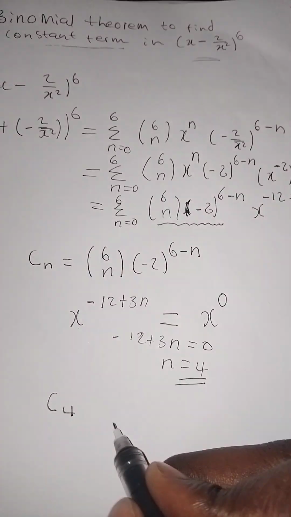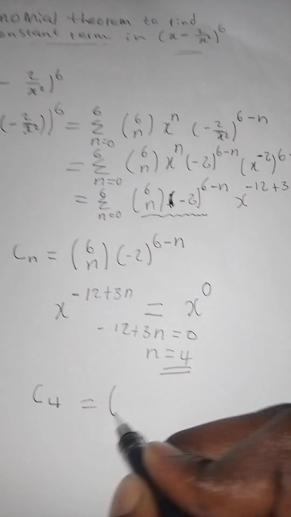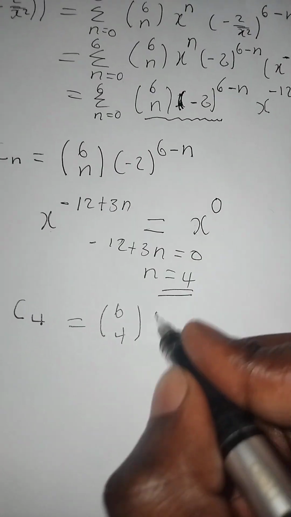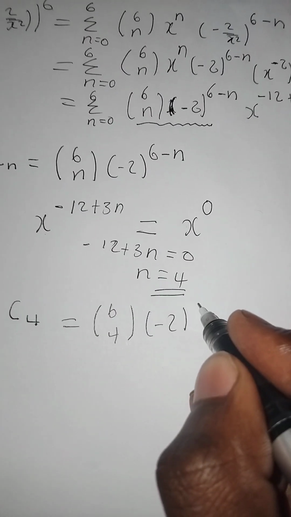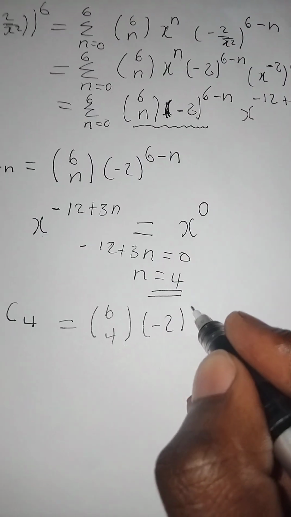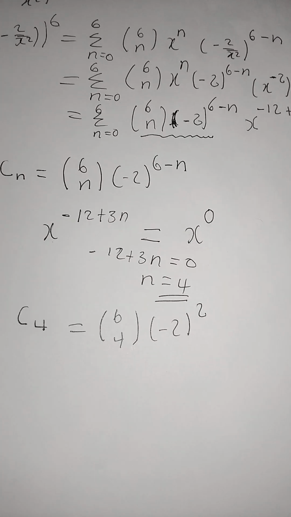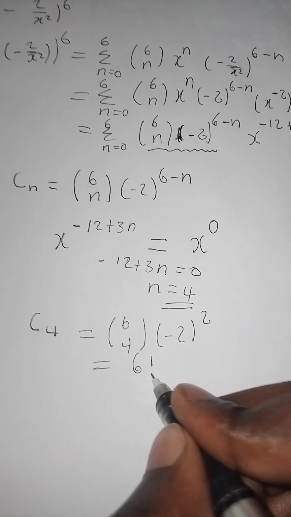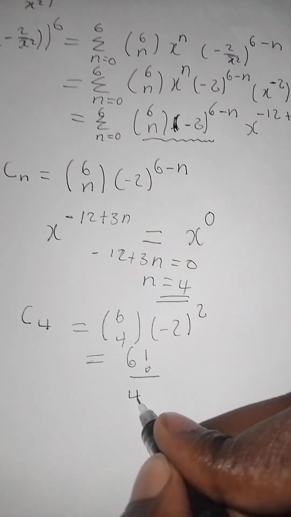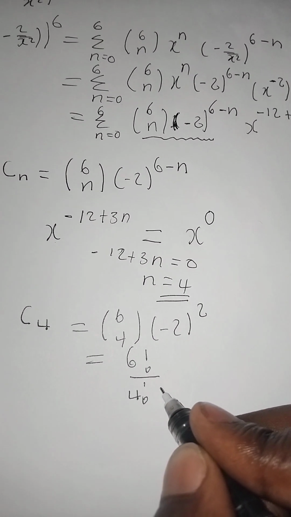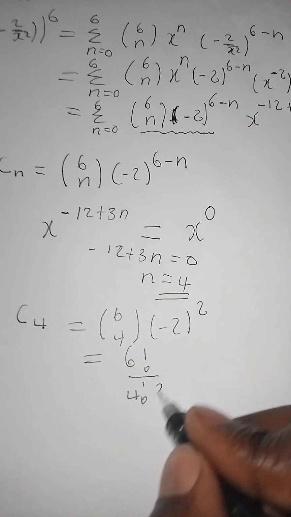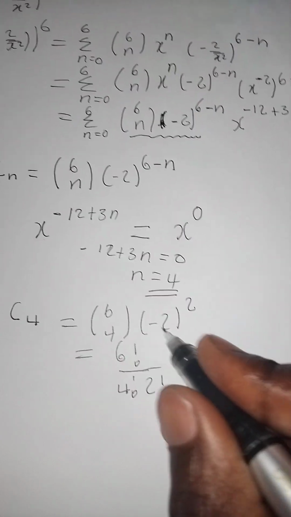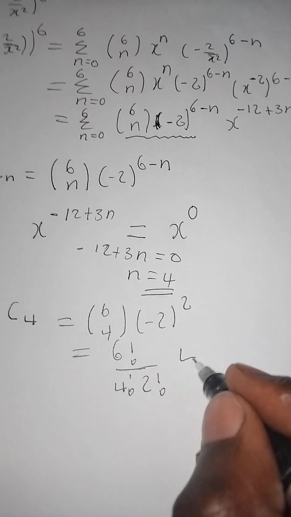So C of 4 must be equal to 6 combination 4 into minus 2 to the power 6 minus 4, that is 2. Okay. So this simplifies to 6 factorial divided by 4 factorial times 6 minus 4, that is 2 factorial, into minus 2 to the power 2, that is 4.